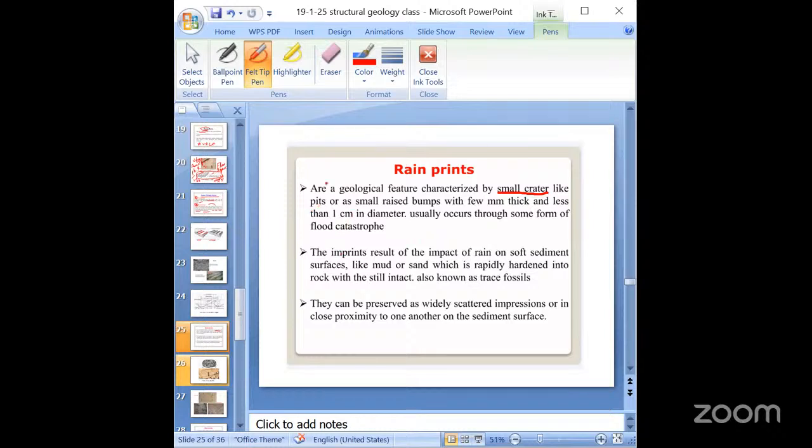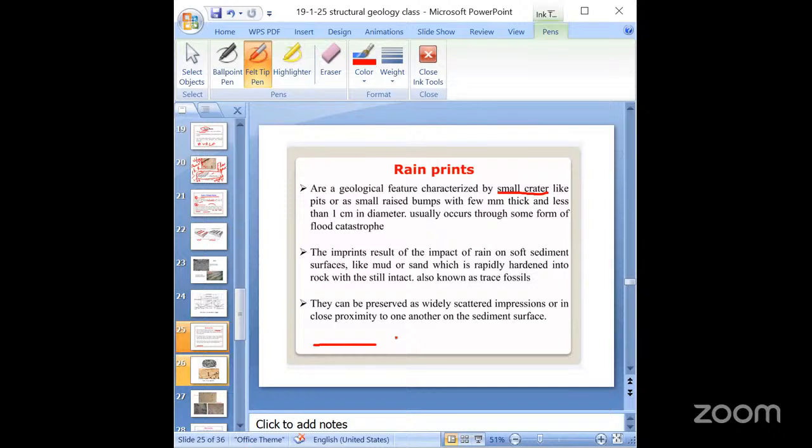When raindrops fall on the surface of fine grained compacted clay, they often make crater-like depressions. Thus they are shallow depressions surrounded by low ridges, right?